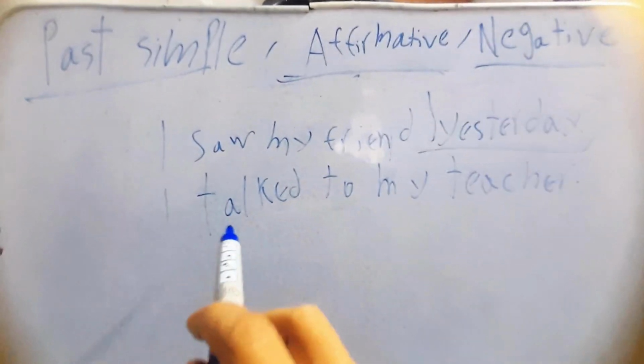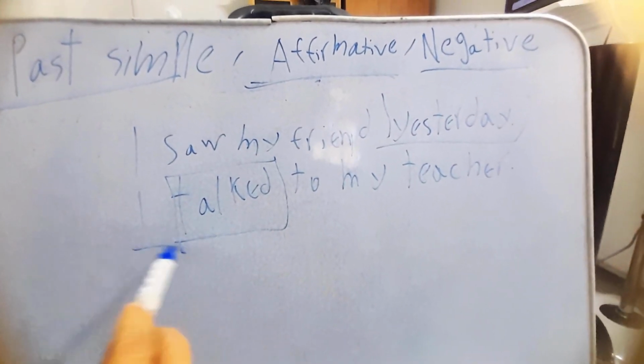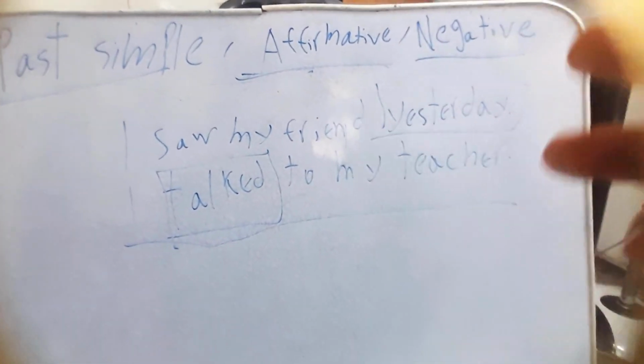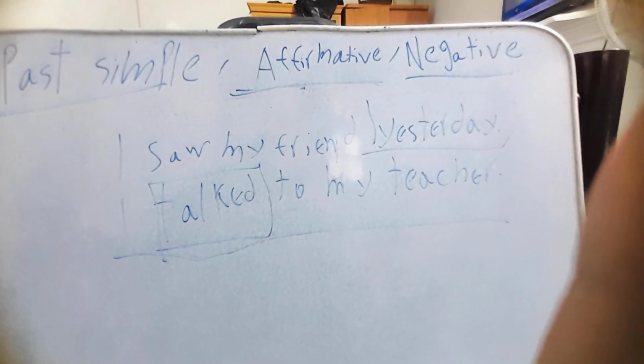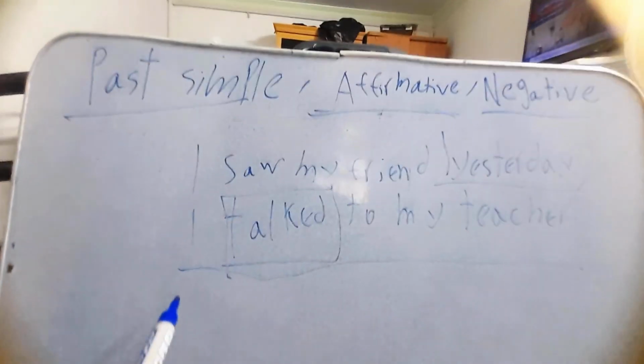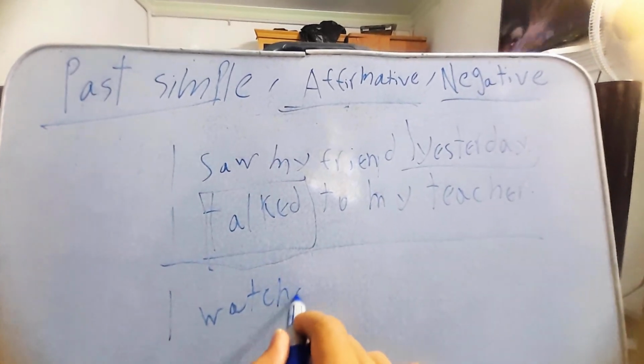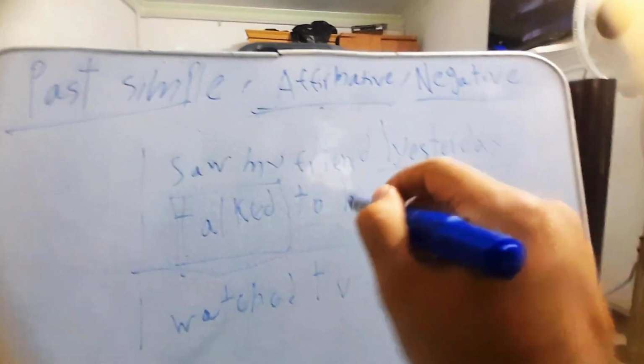And when we use the past form of the verb, our sentence or our intention is for the past. For example, I watched TV.